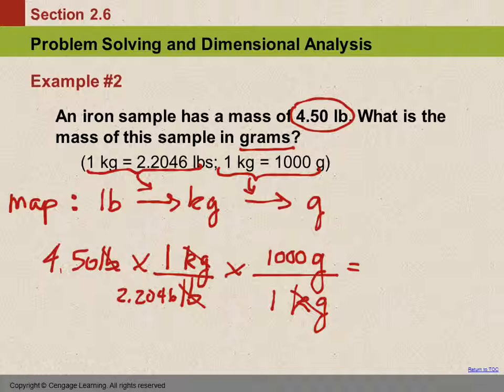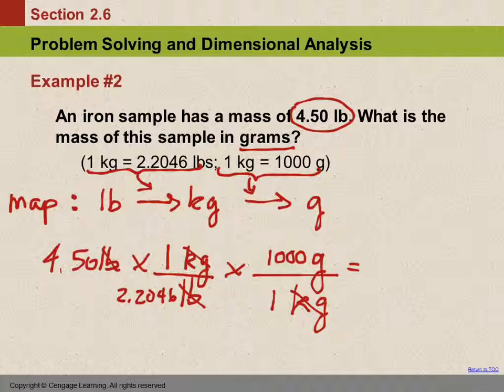Now we're ready to go. We get out the calculator. And what I recommend doing is just start at the left and go across, multiply by the top, divide by the bottom. Multiply by the top, divide by the bottom.